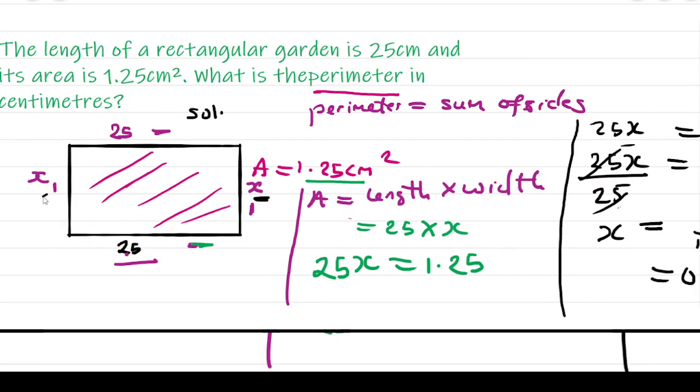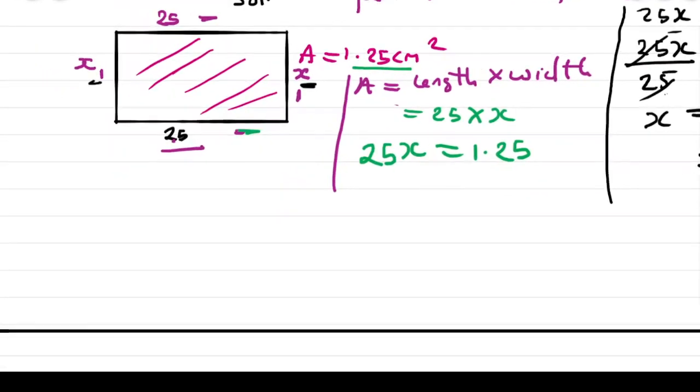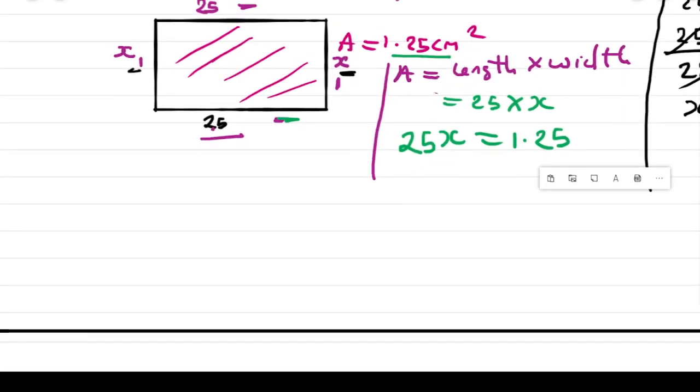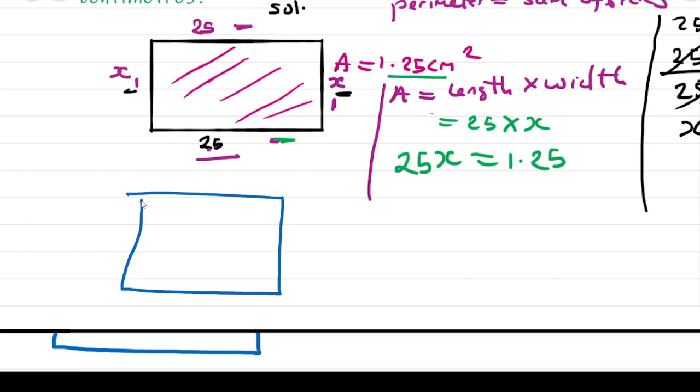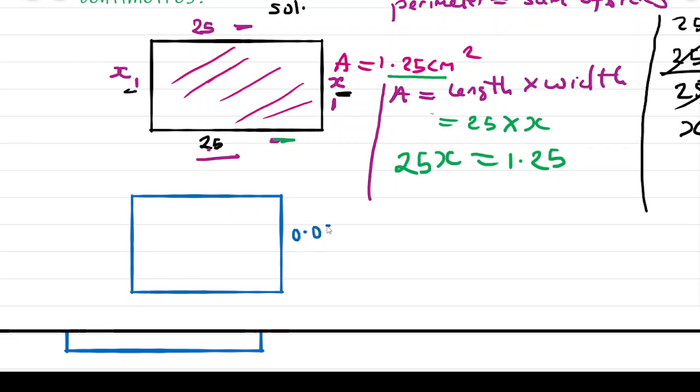So this is 0.05. So we can actually reimagine our figure. So our figure has been reimagined. So here we have 0.05, and here we have 0.05, and then you have 25. This is actually unrealistic.